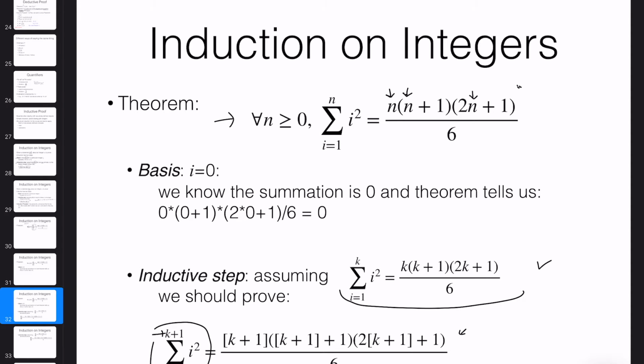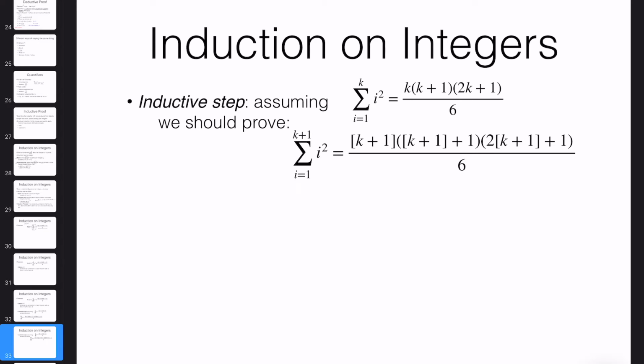How can I do that? This is my assumption. It can be done simply like this: I want to see what I can get from this. This is going to be the summation of 1 power 2, 2 power 2, 3 power 2, until k power 2, plus k plus 1 power 2, right?